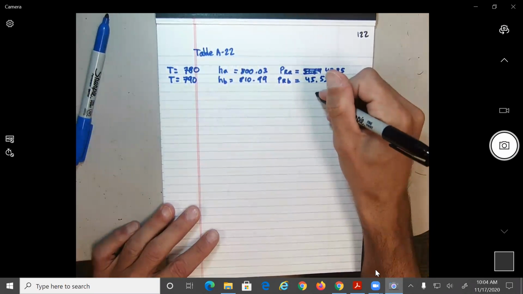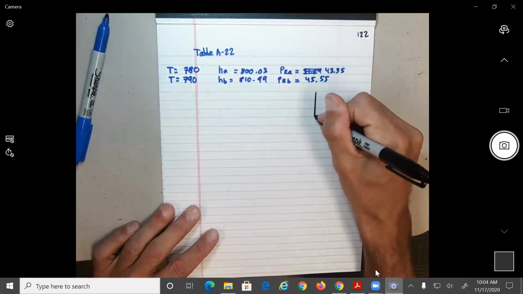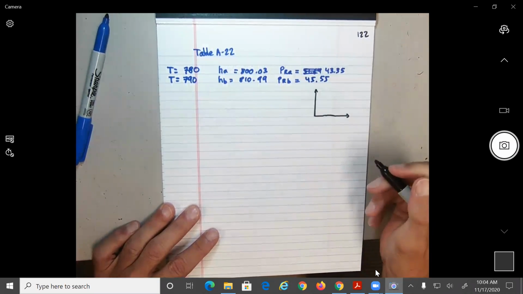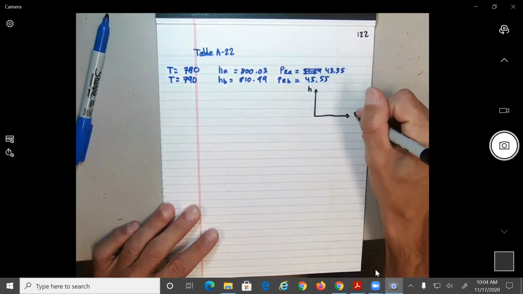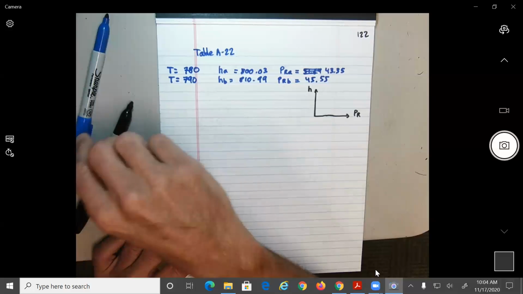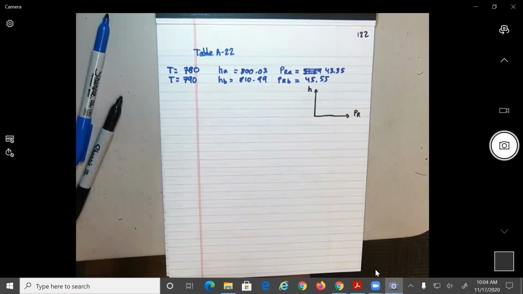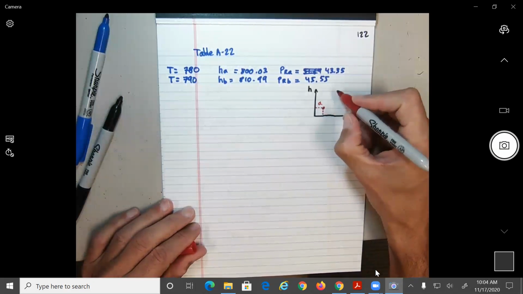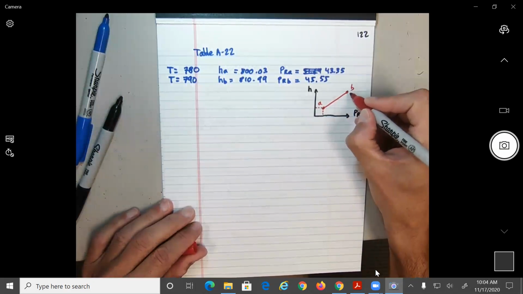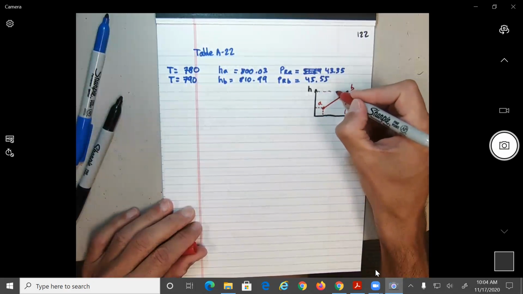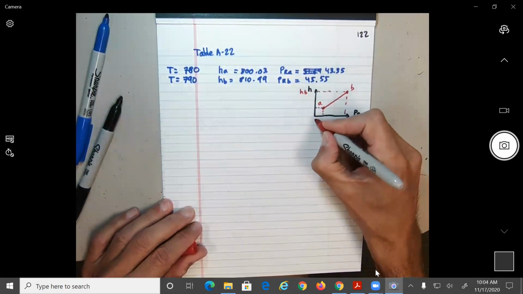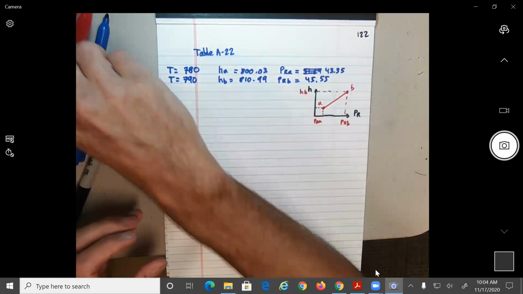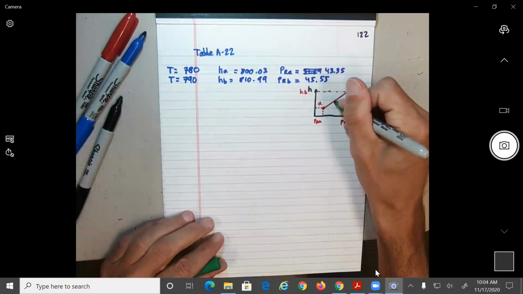Okay, by now you should be able to do it without doing the figure, but let's do the figure very quick. What you need to find, you put it on the y-axis, what you know, you put it on the x-axis. So what do we know? We go from point A to point B. And we're trying to find the value over here for PR4.